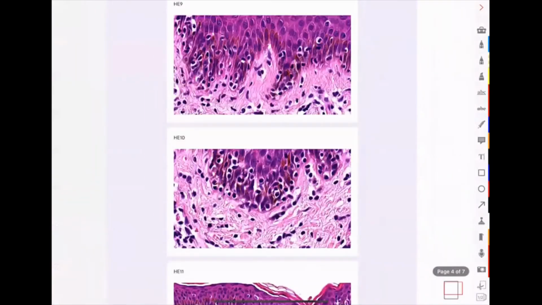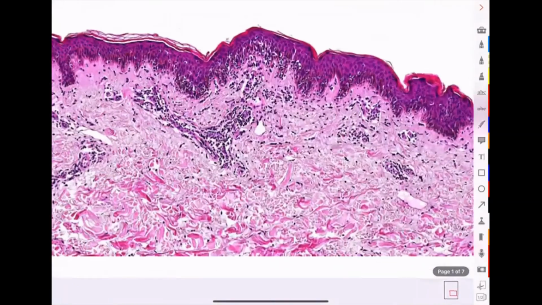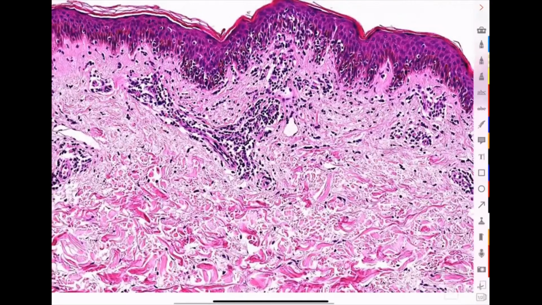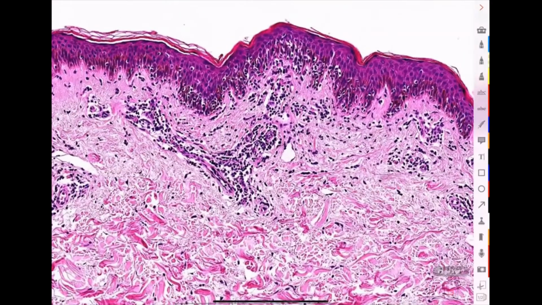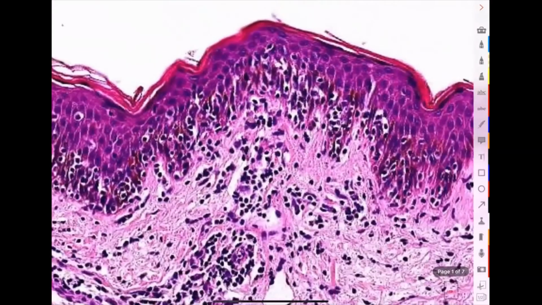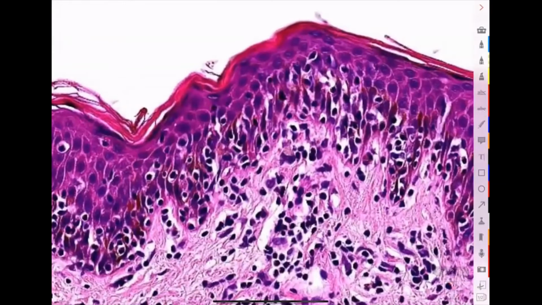Let's just start the story again from the very beginning, right? This is a superficial perivascular inflammation and epidermotropism or lymphocyte exocytosis, as you correctly said. As soon as you start to see these white lines between the cells in the epidermis, because some of you were asking, where is the spongiosis? I don't see it. No, there is.